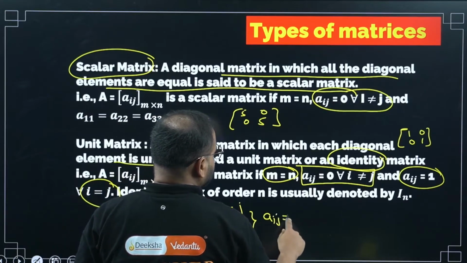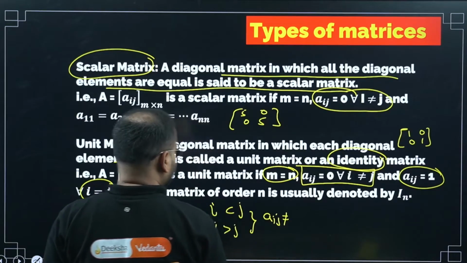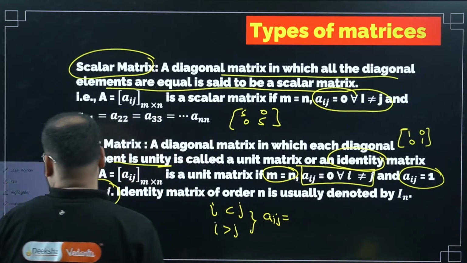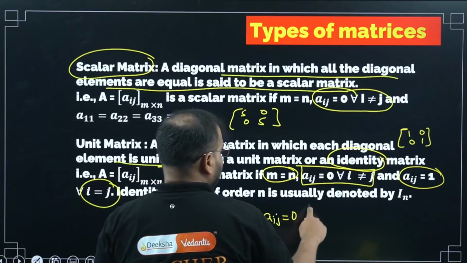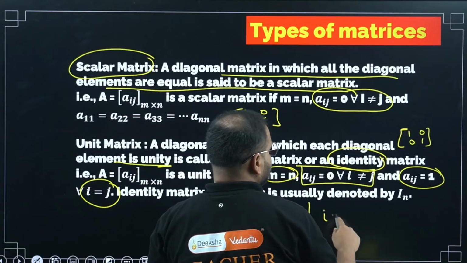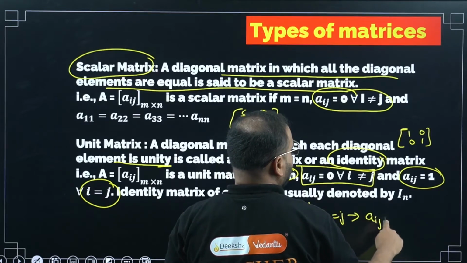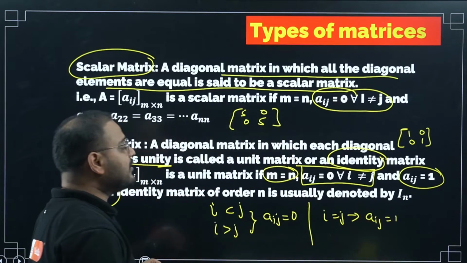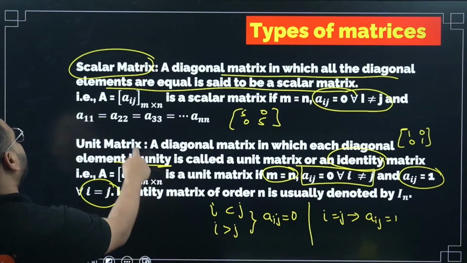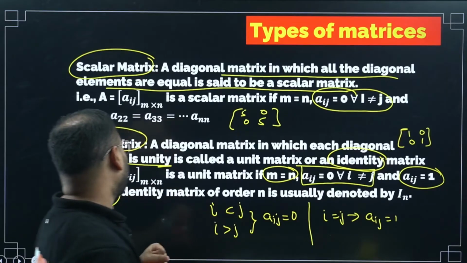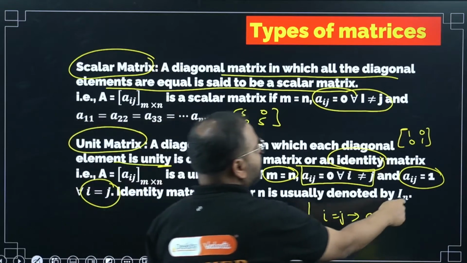Aij should be what, bacha? Should be 0. And in case 2, whenever i is equal to j, then what should happen? Aij should be 1. When this is true, then we can call that matrix a unity matrix, unit matrix or identity matrix. We write this sometimes as only n.